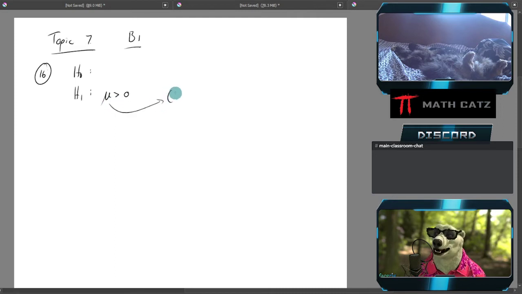Now remember, this is after minus before. So one of the first things here is that we're always going to test this against 0. If there is no before versus after change, then the mean of the difference scores will be 0. That's our null hypothesis, no change.